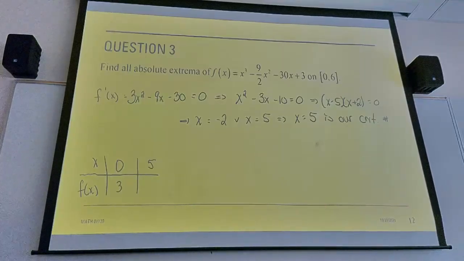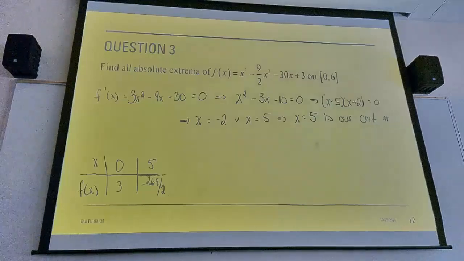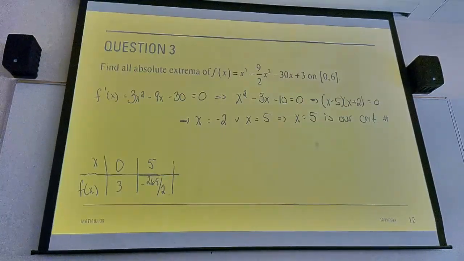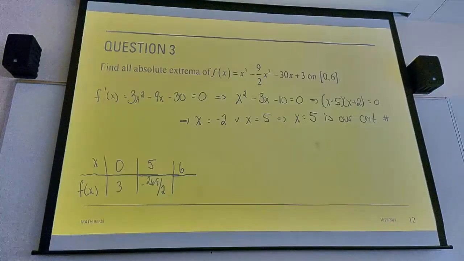What's f of 5? Negative 269 over 2. And then finally, the right endpoint 6, f of 6. -123.